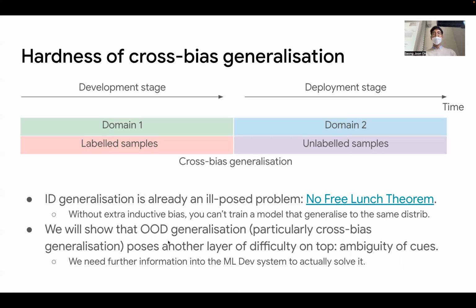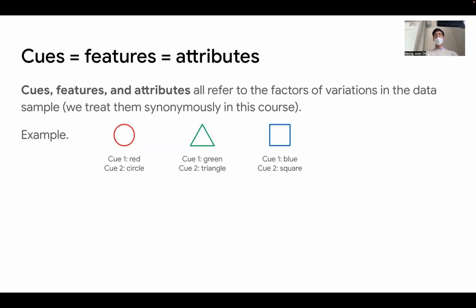And OOD generalization introduces even more complication on top of that. In particular, it's cross-bias generalization. So I call this ambiguity of cues, and I'm going to talk about what ambiguity of cues means from now on, and why this problem is impossible to solve. But before going there, as promised, I revisit this terminology, attributes.